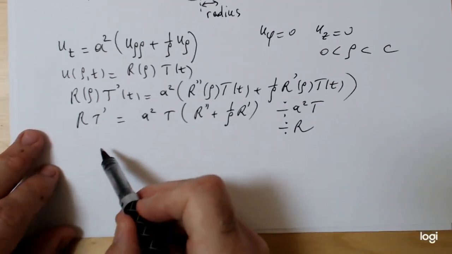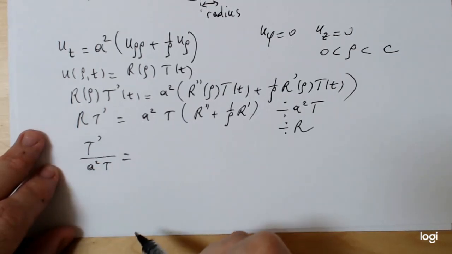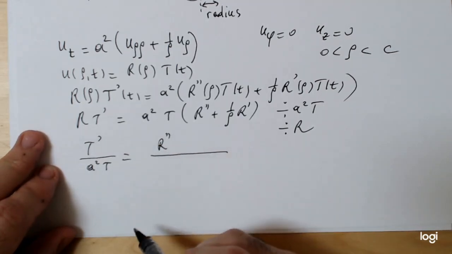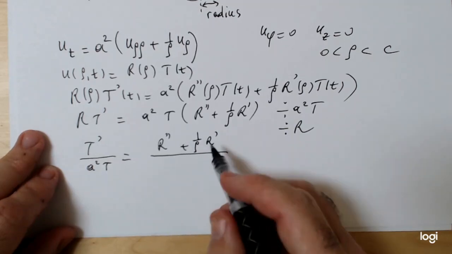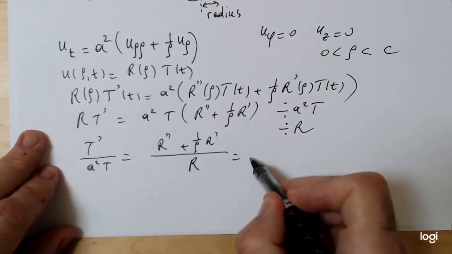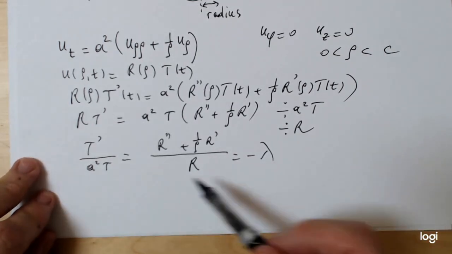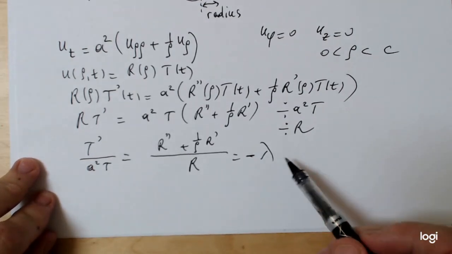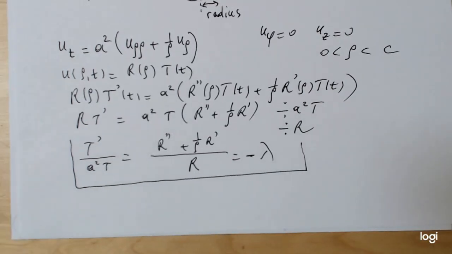So we have T prime over a squared T equals R double prime plus 1 over rho R prime, divided by R, and then the separation constant, which is going to be positive, you'll see later, and we can just write it as minus lambda. Lambda will be positive just for convenience, as you'll see later on. So this is how the separation looks.